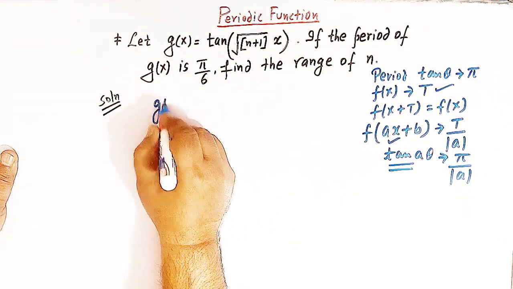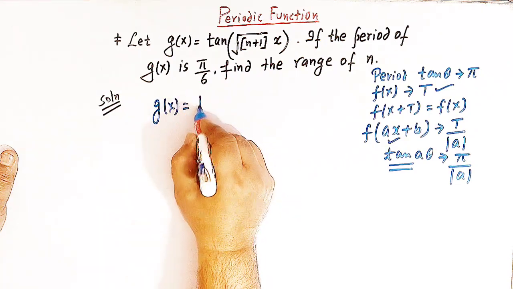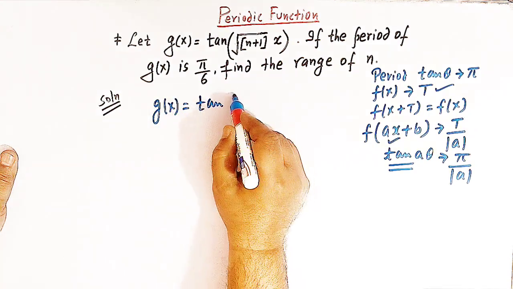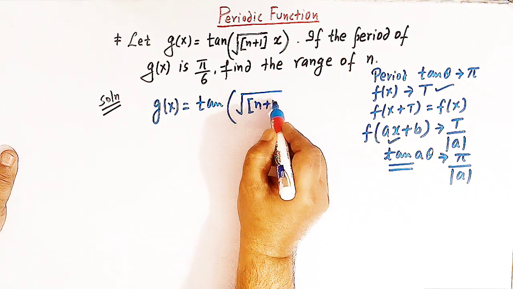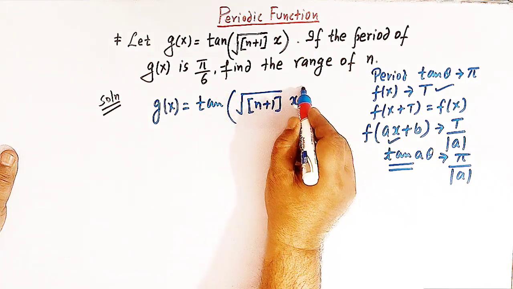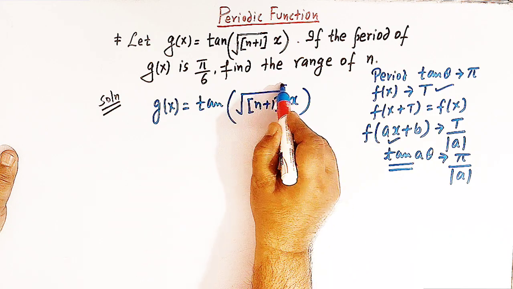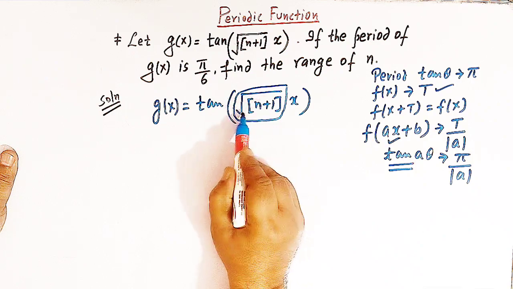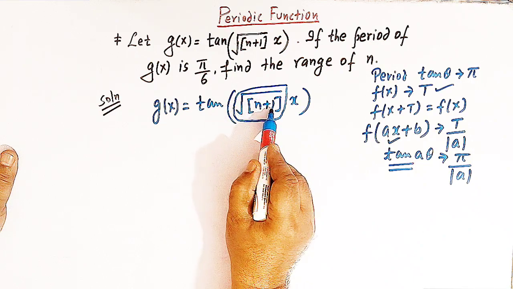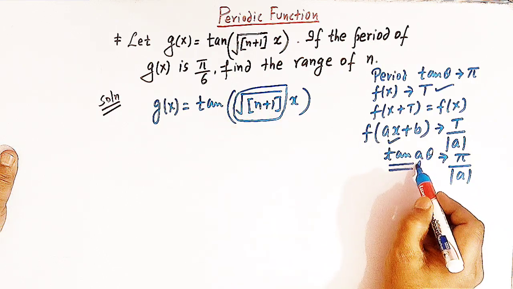Here we are given g of x equal to tangent of the square root of the greatest integer of n plus 1, times x, right? Let us take this quantity, the square root of the greatest integer of n plus 1, as a.